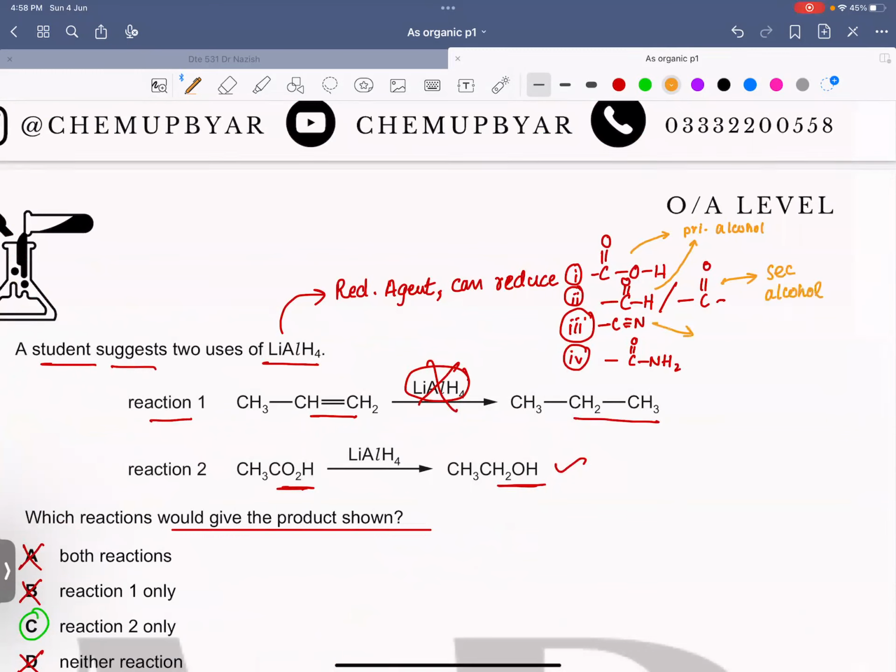When a nitrile undergoes reduction, you will get an amine. And when an amide undergoes reduction with LiAlH4, you will get an amine. And what is an amine? A carbon singly bonded to NH2 or a nitrogen, then it's an amine. Is this clear to everyone? If anyone has any question to ask.